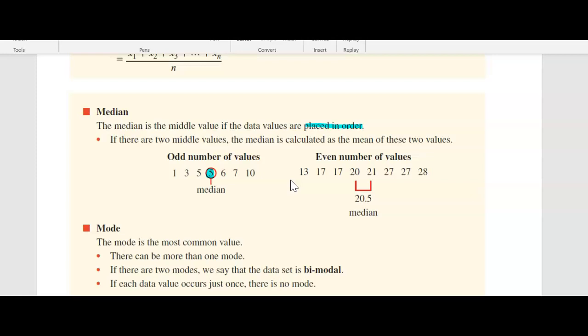But if there's an even set of values, then the median is halfway between the two middle values. Sometimes you can tell what it is, but if it's too hard, just add them together and divide by 2. In this example the two middle numbers are 20 and 21, so we add them together and divide by 2, so that's 41, and that's where the 20.5 comes from.